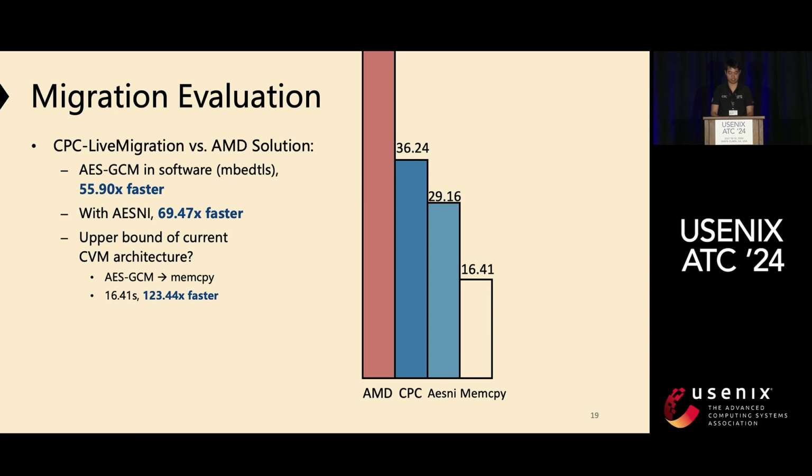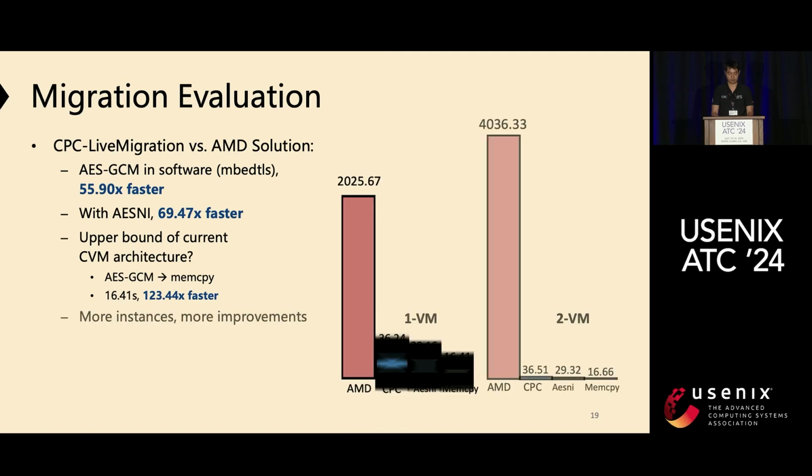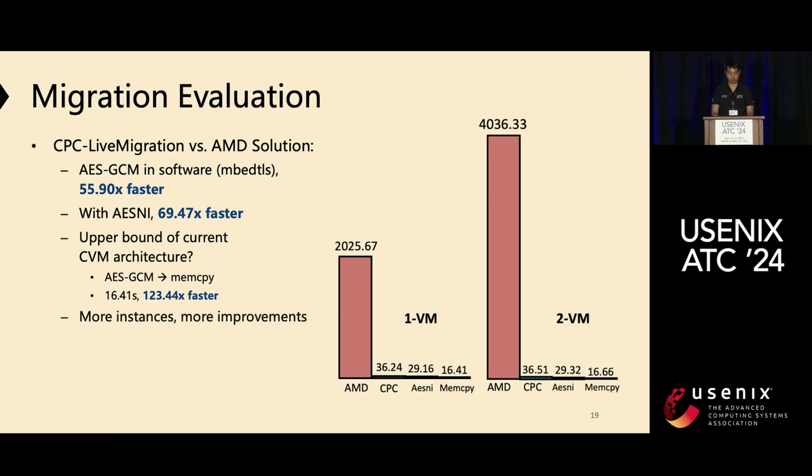We tried this by simply removing the encryption and the encoding process and directly copying the guest memory, exposing the plaintext to the host. This achieves 16 seconds, giving a speedup of 123 times. When we migrate 2 CVMs at the same time, AMD's time consumption also doubles, while CPC remains unchanged. The more migrating CVMs there are, the more performance improvements in CPCs.